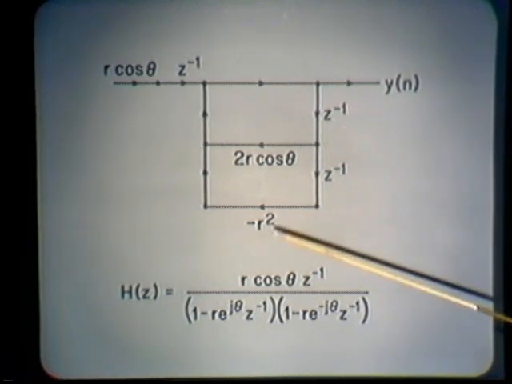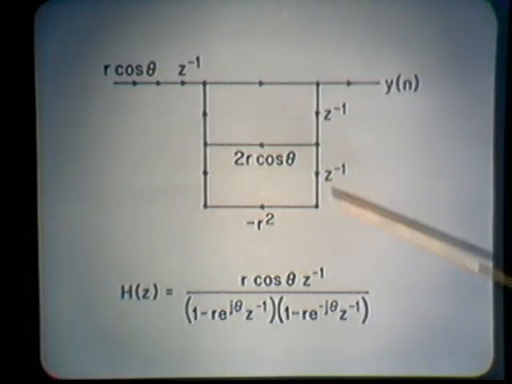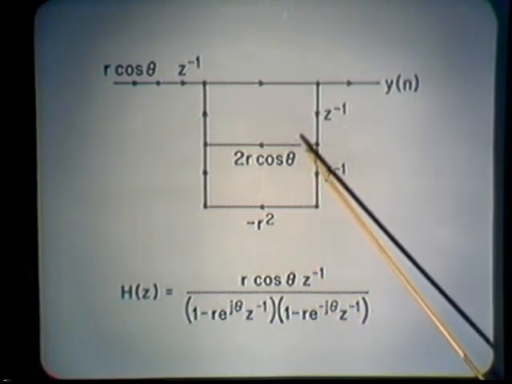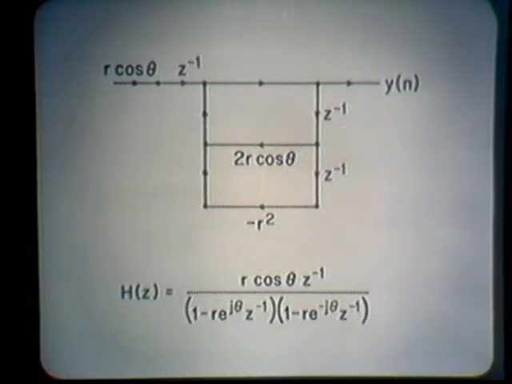Here I have implemented, in what we had referred to as direct form, a second-order section, which we might use in a cascade form or parallel form realization, which implements the complex pole pair at radius r and angle plus and minus theta.